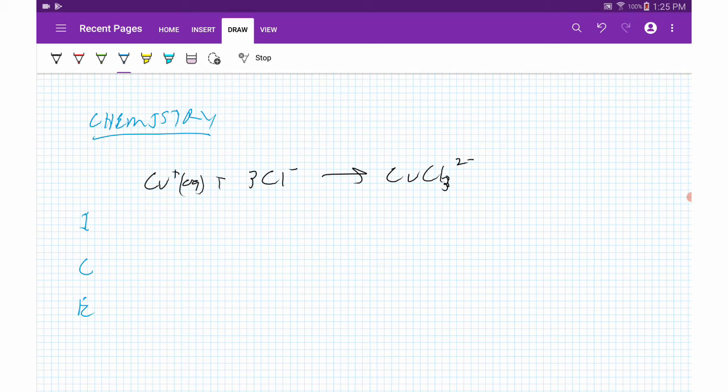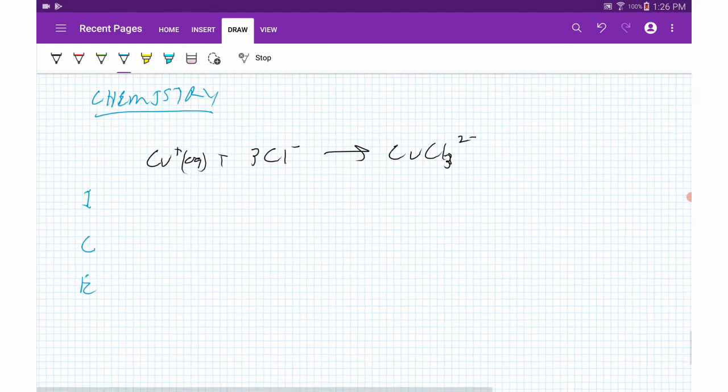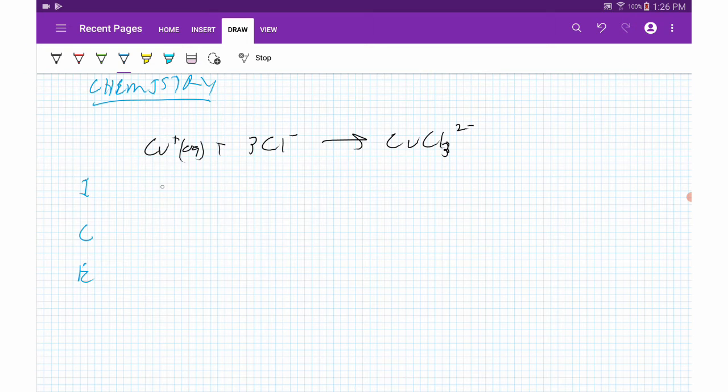We have an ICE table we are going to set up on this, and we don't have the ability to fill in the ICE table yet, but we can know our initial conditions. We have as initial conditions 50 mLs of 0.2 molar copper nitrate and 200 mLs of 0.2 molar hydrochloric acid.